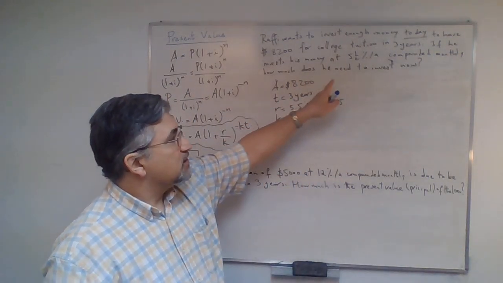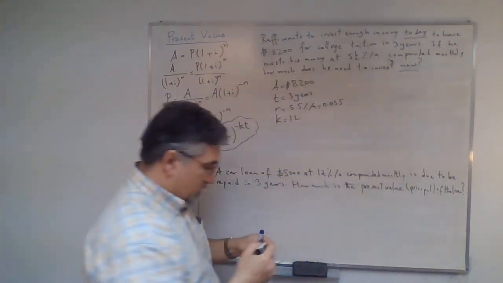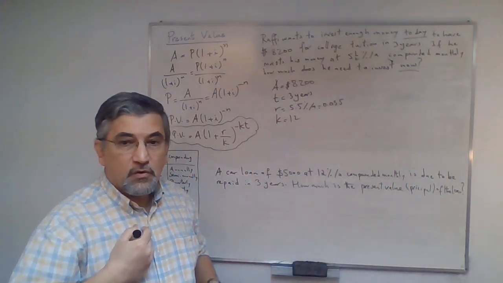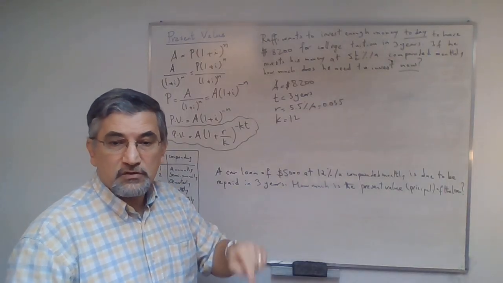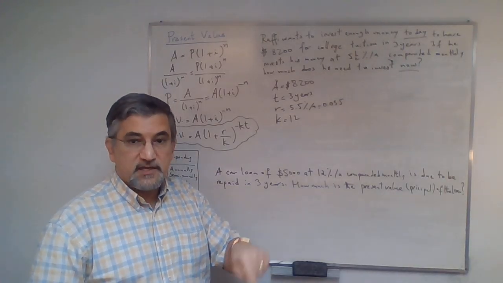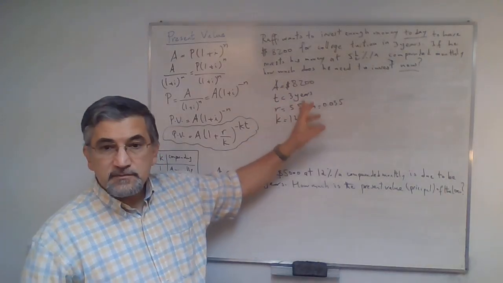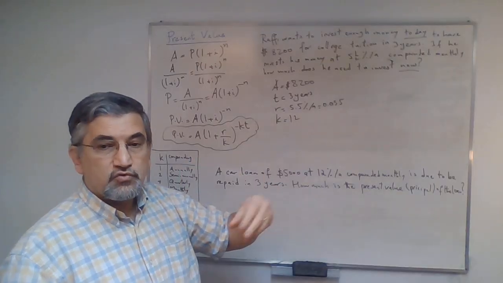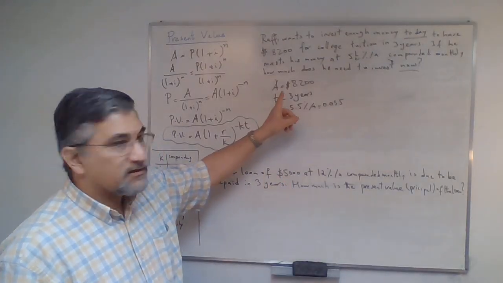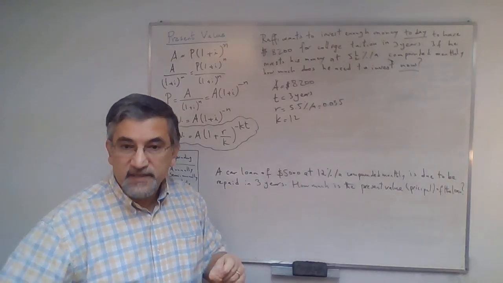How much does he need to invest now? Again, I underline the word now. So we want to know how much he needs to invest today, right now, currently, presently, at present, such that with this investment condition, his money today grows to a bigger amount of $8,200 in 3 years. That's what we want to find out.